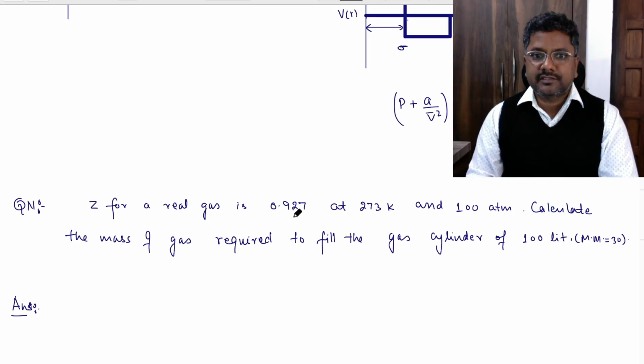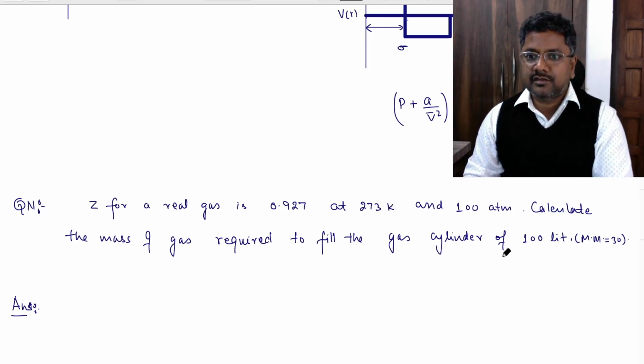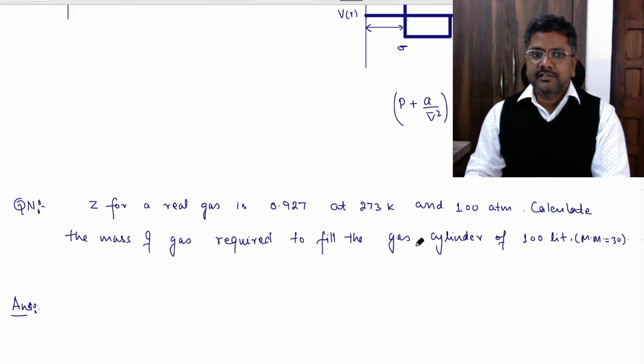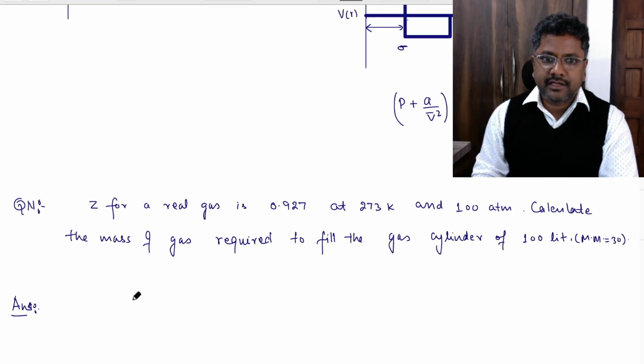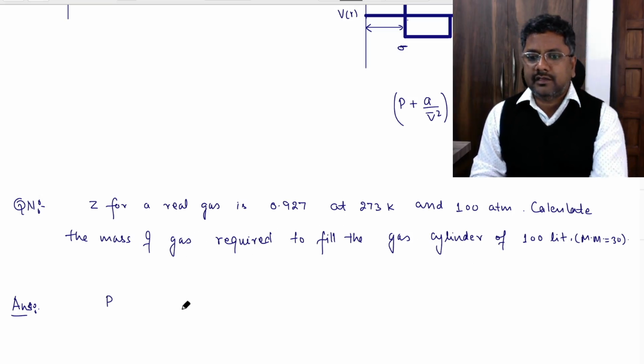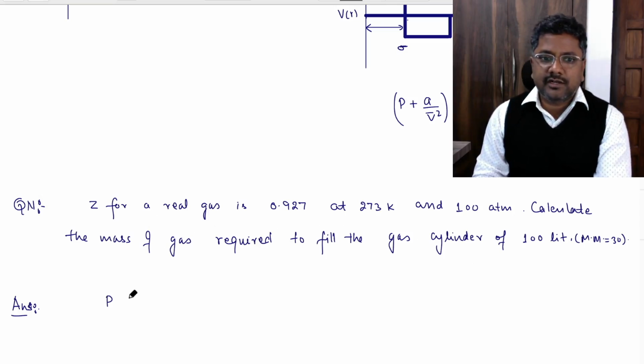Z for a real gas is given: at 273 Kelvin and 100 atm, calculate the mass of gas required to fill a gas cylinder of 100 liters. One way to write the equation for a real gas, if Z is given, is PV equals Z nRT.